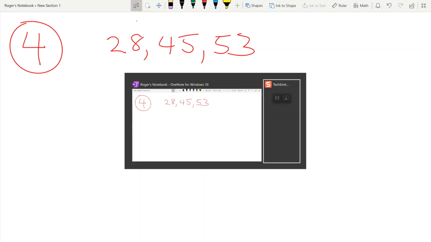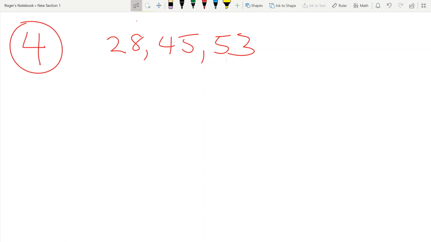So as you look at that, 28, 45, and 53, ask yourself, which are the legs and which is the hypotenuse? Remember, hypotenuse is always opposite the 90-degree angle, and it will be the longest side of the triangle. So you see 28, 45, and 53. If this in fact is a right triangle, then 53 must be the hypotenuse.